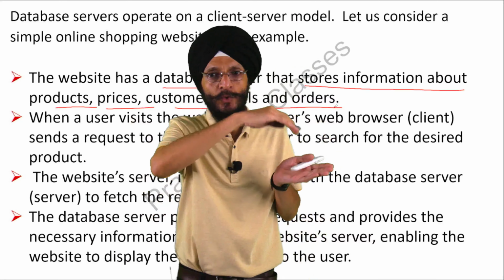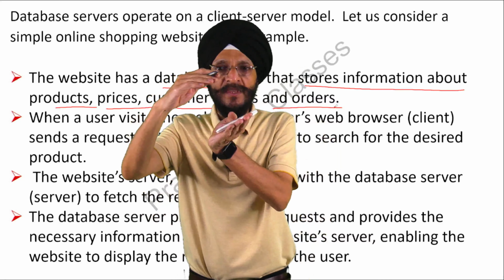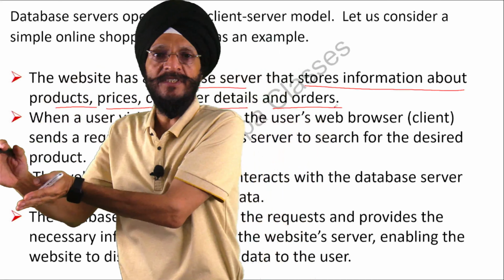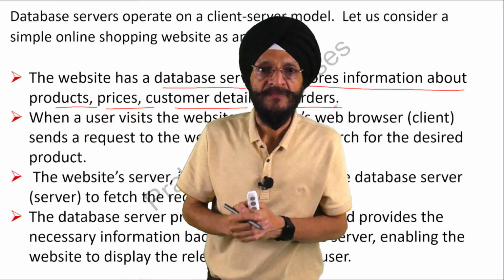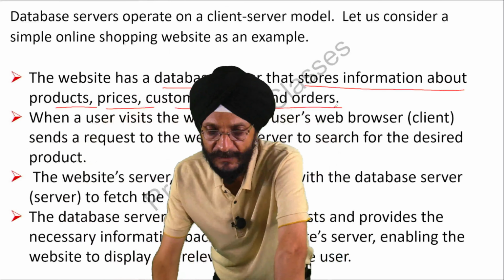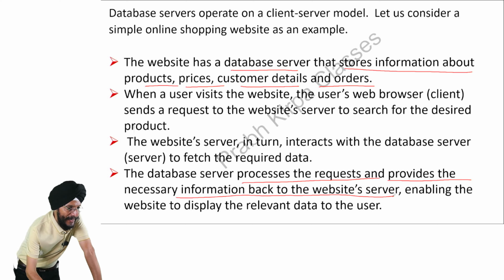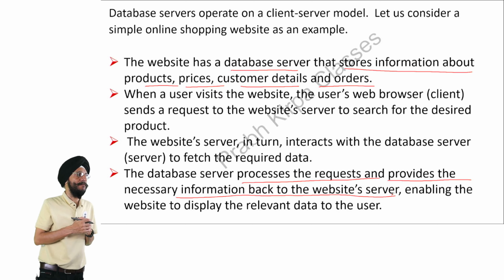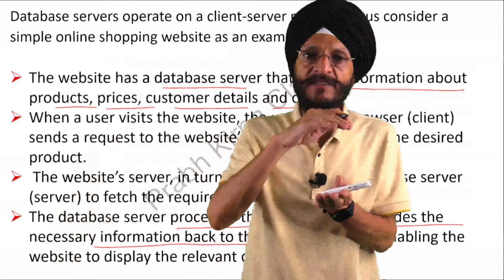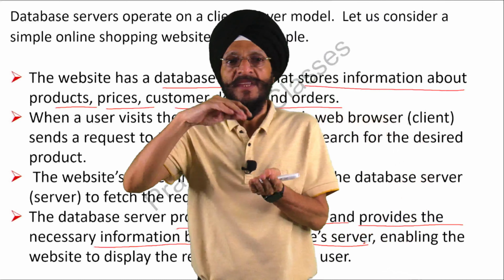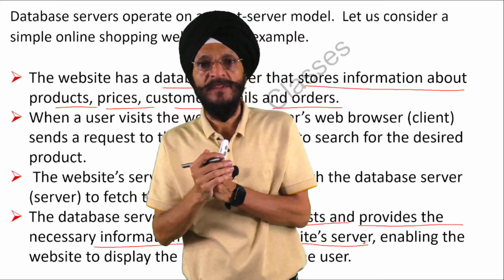That is, the user approaches the website server and the website server approaches the database server. The database server in turn processes the requests and provides the necessary information back to the website server. Now the website server does what? It displays the relevant data to the user.